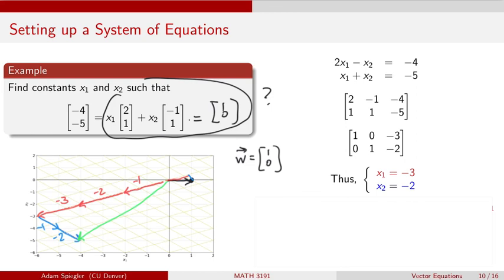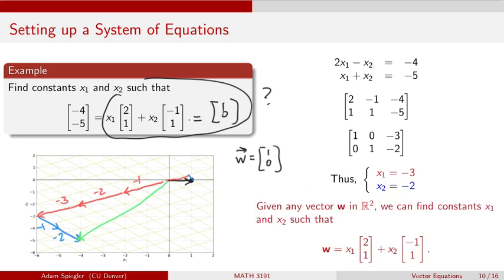So we can wind up anywhere in R2 by going some combination of these two vectors. So any vector w that lives in R2, we can decompose into some scalar times the vector 2, 1, plus some scalar times the vector -1, 1. And these scalars don't need to be integers. That's the point I'm trying to make here.